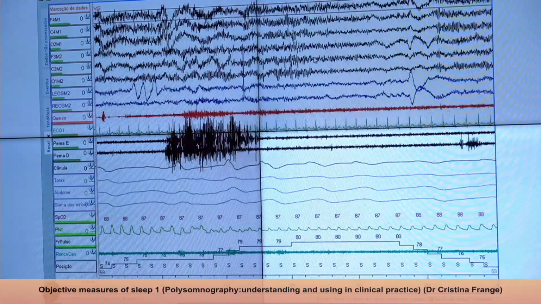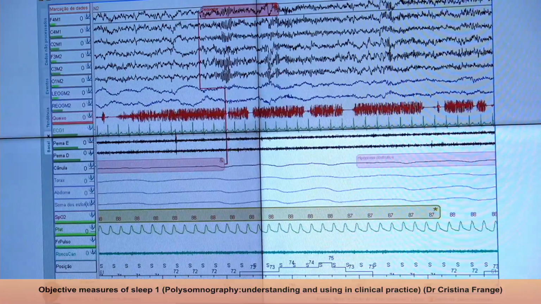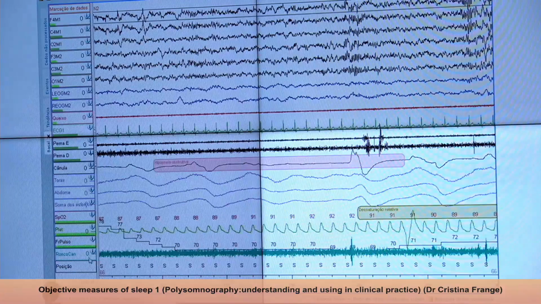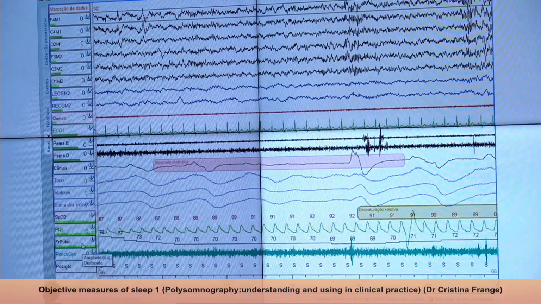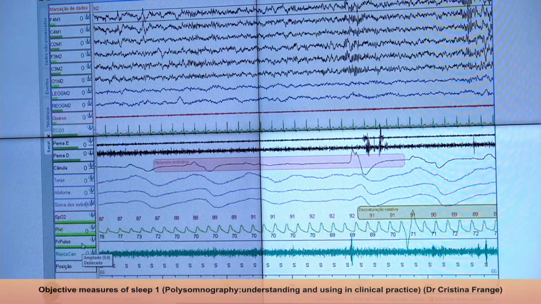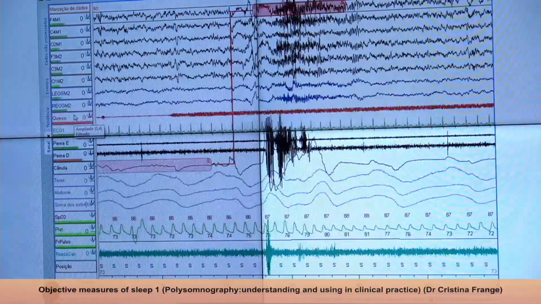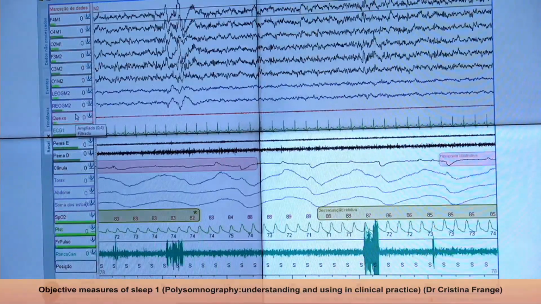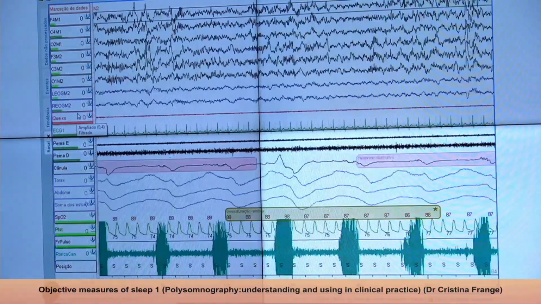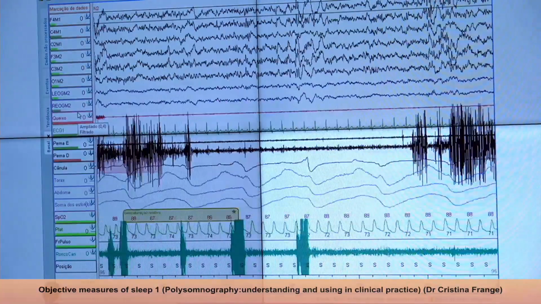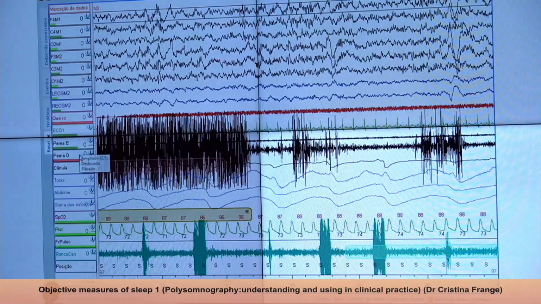It's not me. It's because she stops it to see one specific channel. And she can go to the snoring, for example, and amplify it to see how much this happens. So you see, she's on the chin now. See, the arrow is at the chin. So she was scoring and she saw that something was going on in the chin. So she was attentive to that.